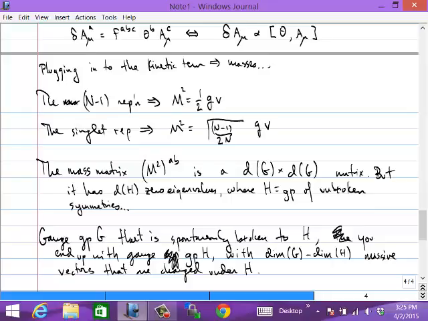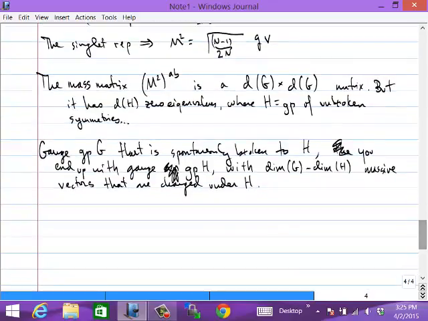So maybe something that would help make this a little more relevant to you would be to step back from all of the fancy non-abelian gauge theory and use this to study a system that you all already probably know at least a little bit about, namely a superconductor.